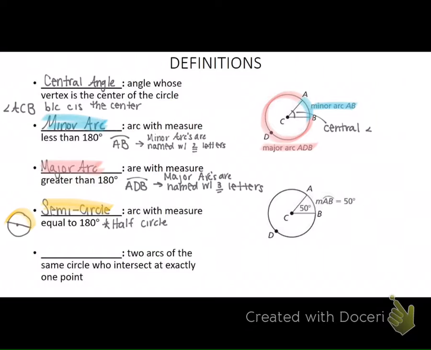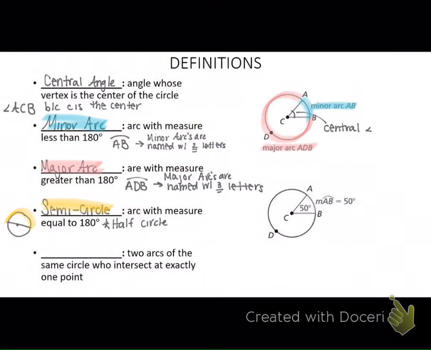I have a question about the major and minor. Whenever you're writing them, is it any certain order? For the minor, no, because it's two letters. But you just need to go the shortest distance with the minor arc, because you don't want to go the longer distance. So AB, you just need to make sure you're choosing the shortest distance. Does that make sense? For the major arc, just make sure the letter that's between the two other ones is between them when you write it.